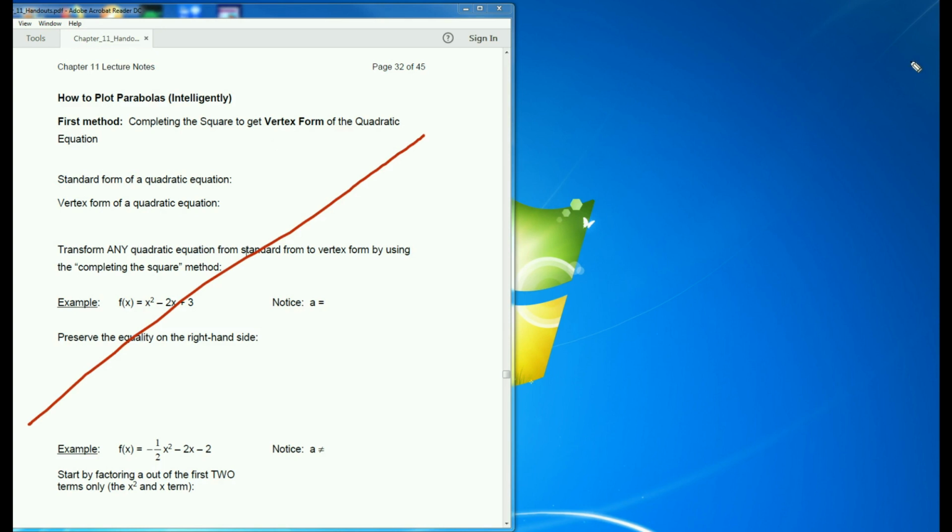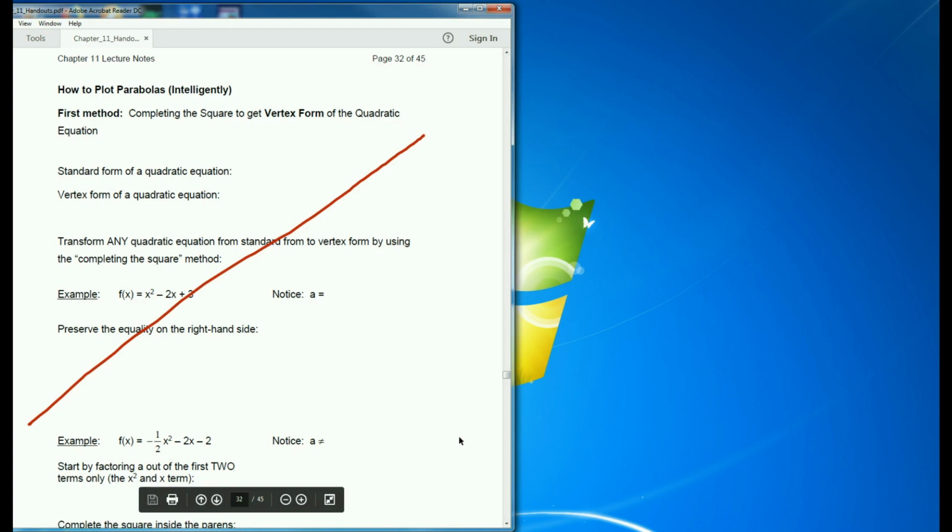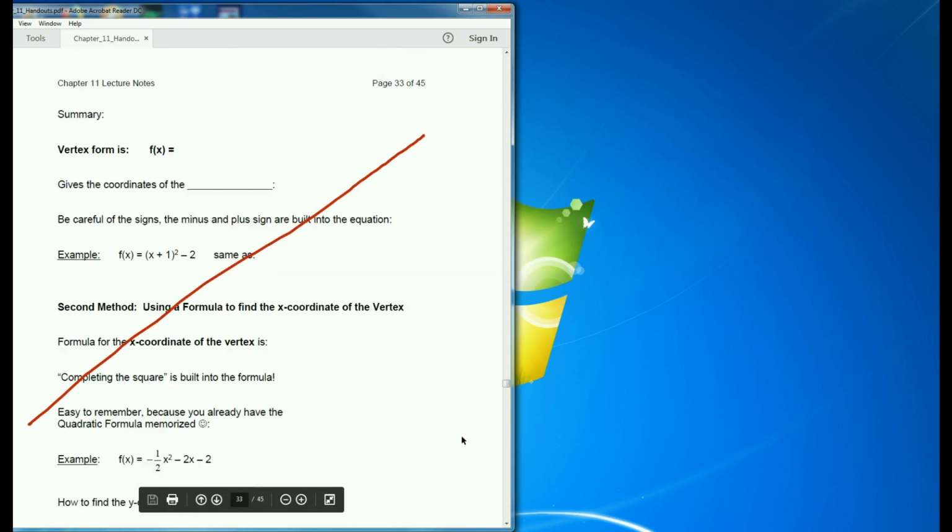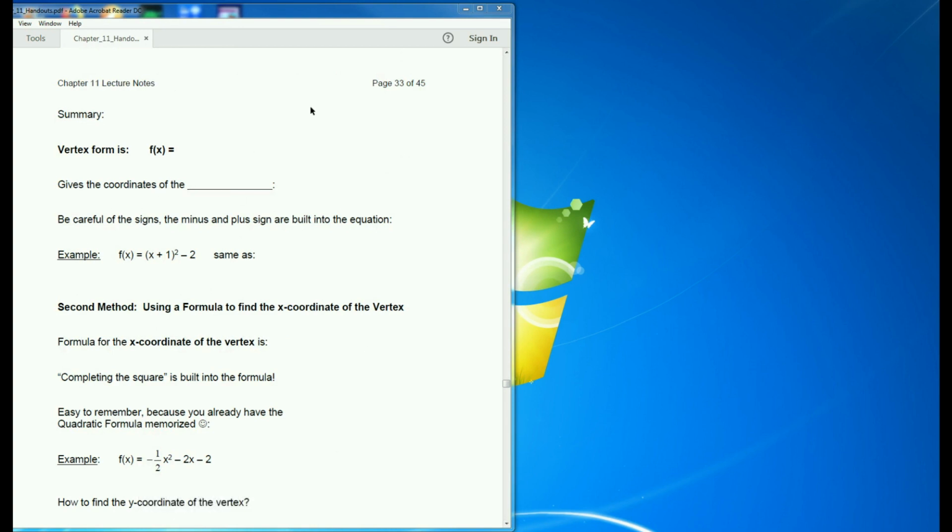So therefore, we are not going to do it. So that means this whole page, and then the top here.